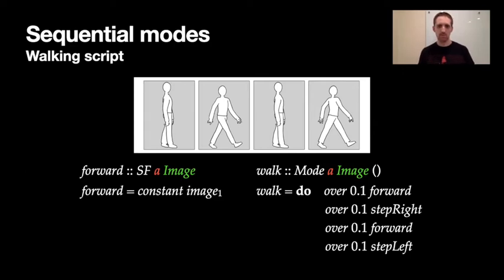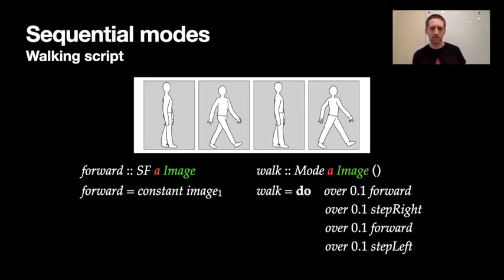So instead of always producing the first frame, say, we produce that over some interval, like 1/10 of a second. If we do this to all of the frames of the animation, we can get modes, monadic modes, that we can combine with the sequencing operator to produce what looks very much like an actor's script that says, do this task, do this activity, and when it's done, move on to the next one.